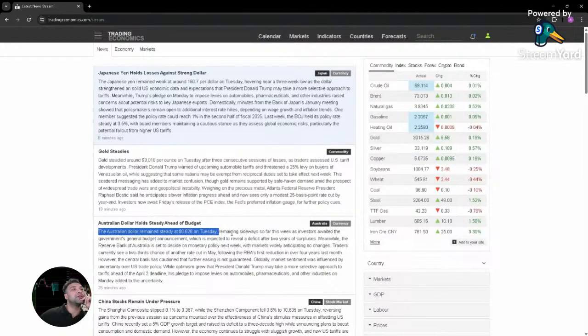So the Australian dollar kept its momentum and remained sideways this week as investors awaited the government's budget announcement, which is expected to reveal a deficit after 2 years of surplus. So there is a budget that is being announced in Australia.